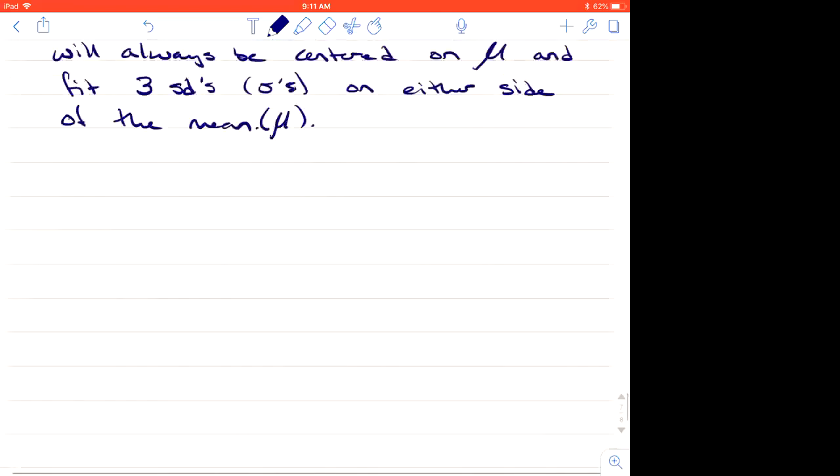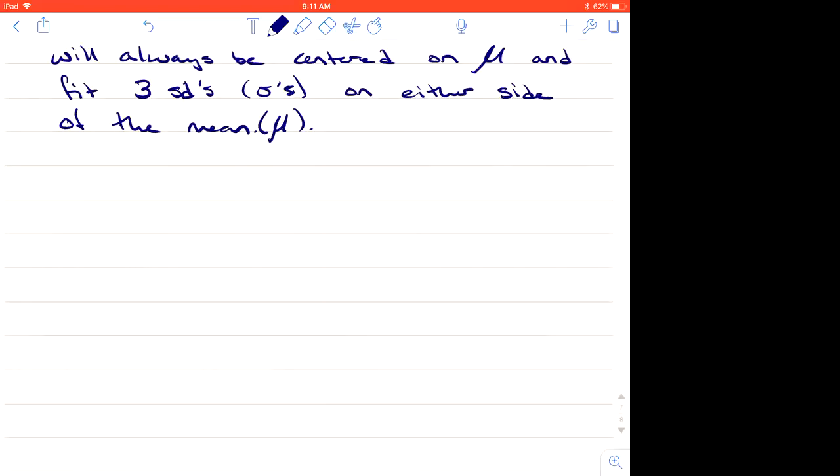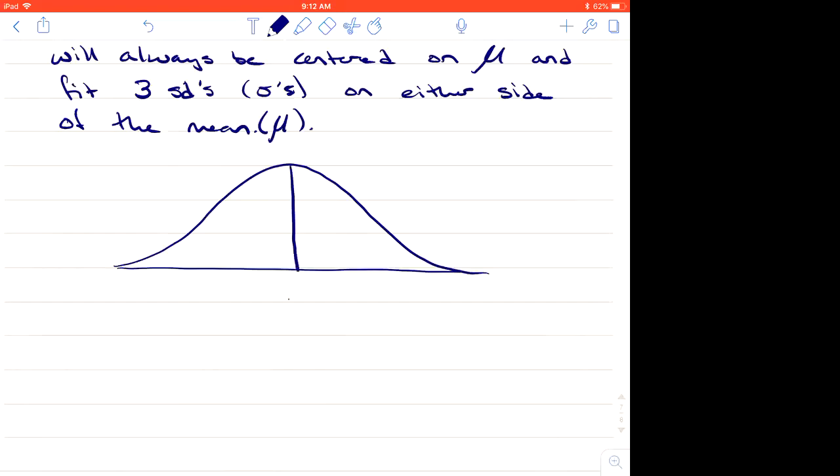So what that's going to look like is something like this. Here's our fact, just graphically. We have a normal distribution. The normal distribution will always be centered on mu.